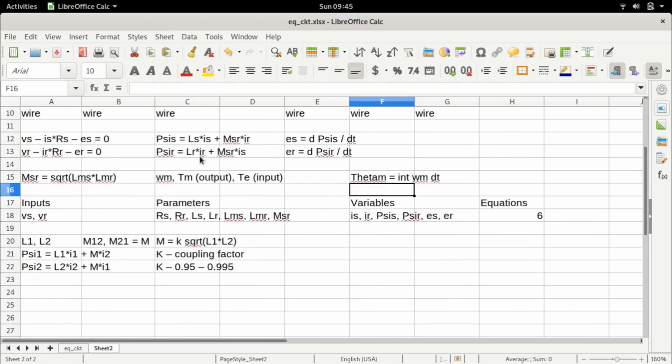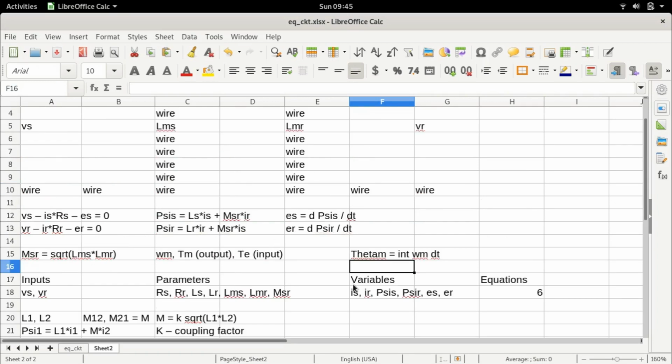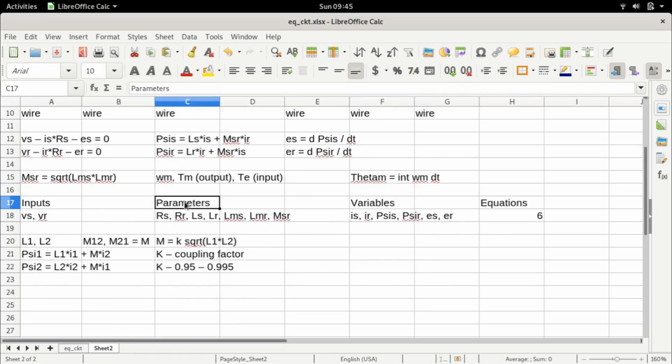In order to bring this rotor angle or any of these mechanical variables into the equations or the parameters, we need to look at how these parameters are achieved in the first place. Let's list them out. Let's look at the first two, the stator resistance and the rotor resistance.